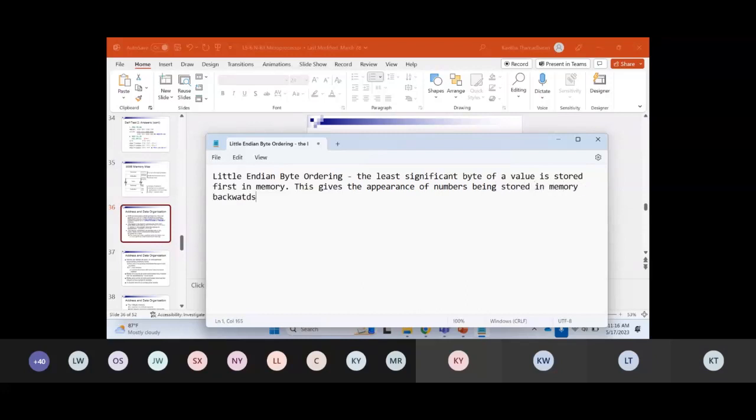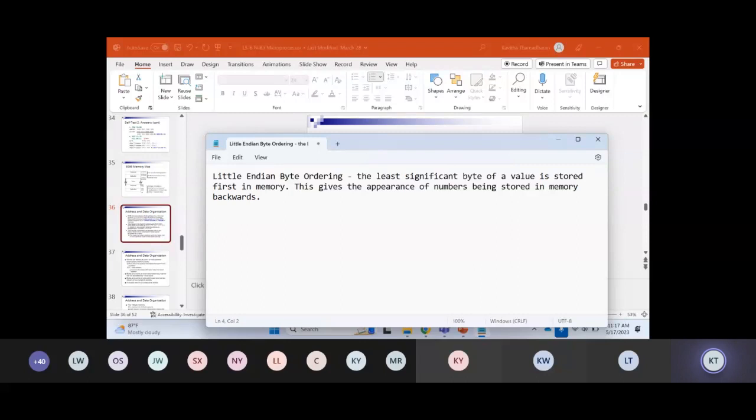What is the meaning of this? When you look into some other slides in future, you will see that you read the memory address as if it's backwards.